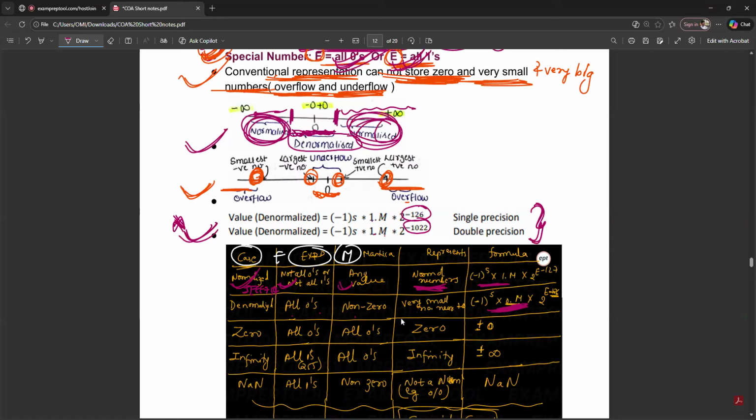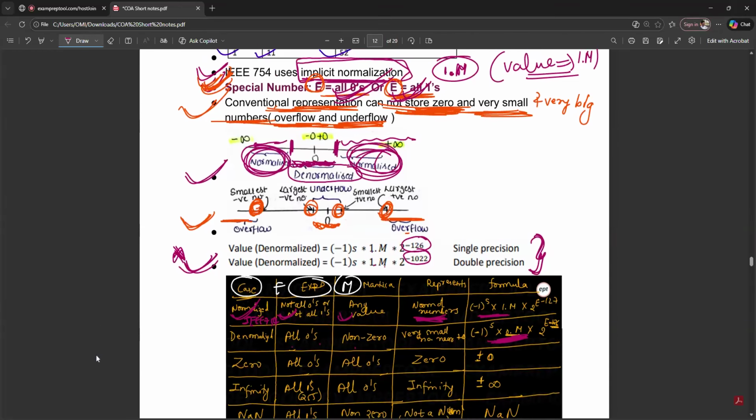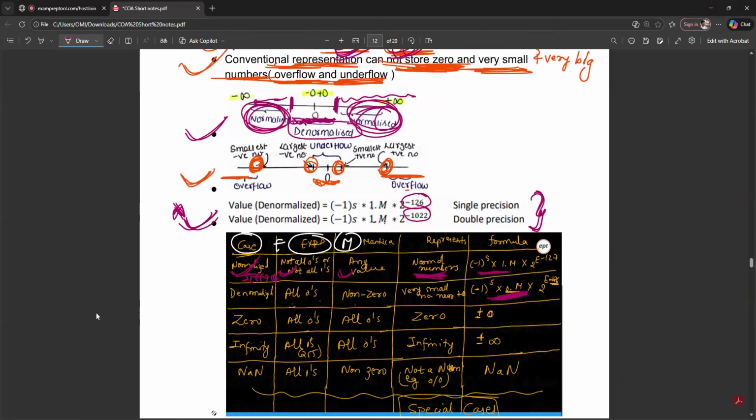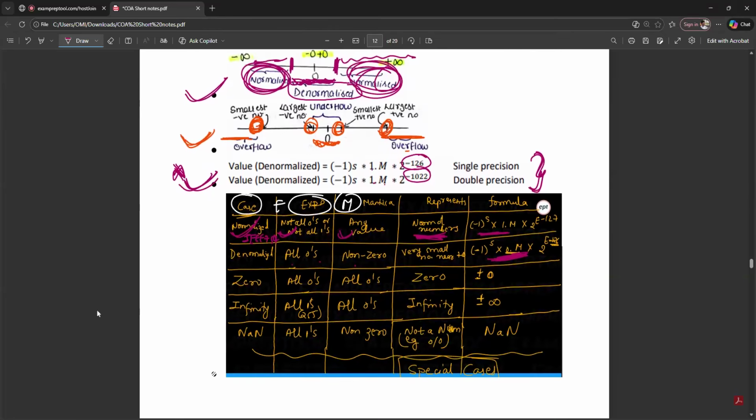Okay, now how to represent zero? I think here it will be 1.m.